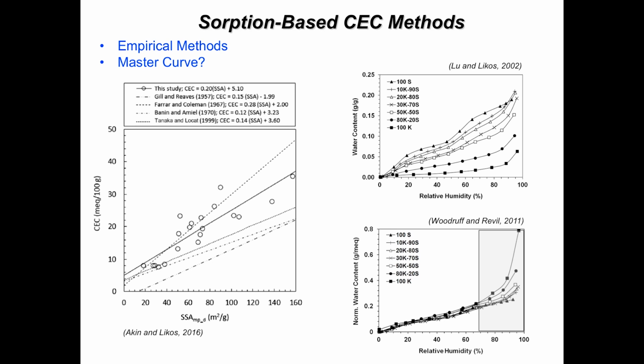And the interesting thing is that if we normalize this water content by the CEC of these mixtures, within this range where surface hydration is dominating the sorption, these normalized isotherms really collapse to what we might call a master curve. And so the idea here is that if there is a master curve and we don't know the cation exchange capacity, can we use that master curve to back calculate what the CEC would be for that material?